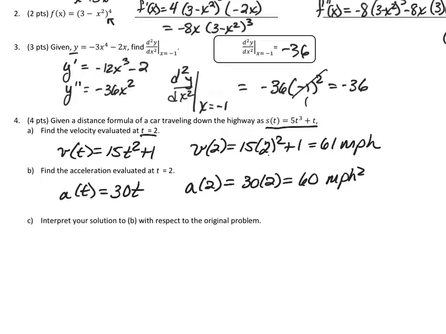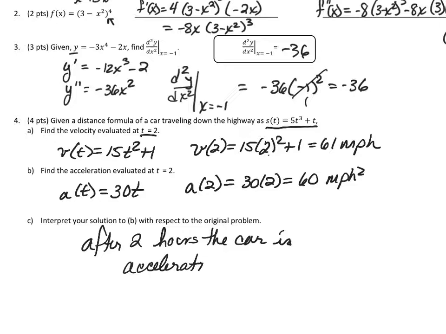So to interpret your answer with respect to the original problem: after 2 hours, the car is accelerating at 60 miles per hour squared. So it is going that much faster at that point in time.